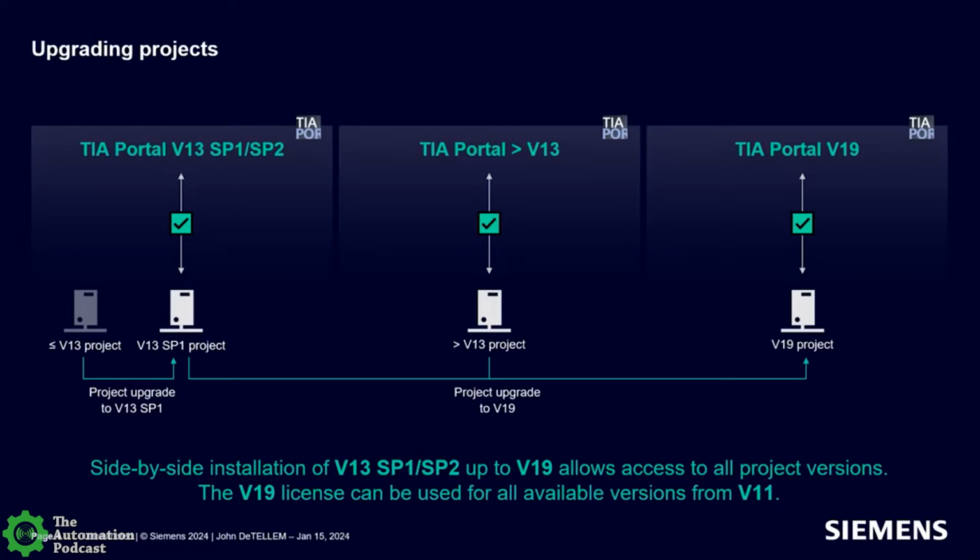They actually cleared up a couple situations with WinCC Professional and WinCC Advanced or Unified being simultaneously installed on v19 as well, which I won't cover. We'll try to get the HMI team on here to cover some of that stuff with the WinCC. But from the basic core of v19 with Step 7, our objective is that I can have multiple versions installed on my workstation so that I can work at multiple versions at the same time.